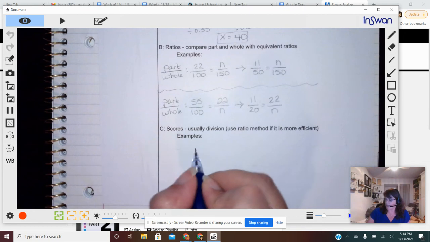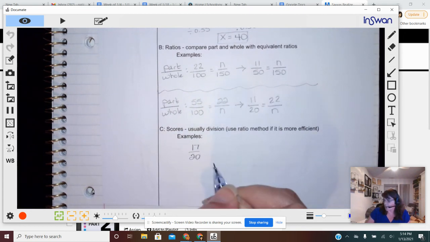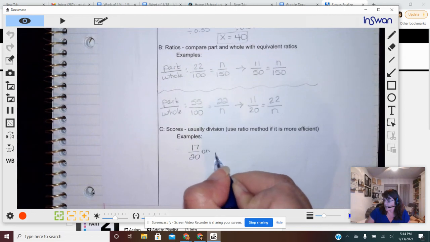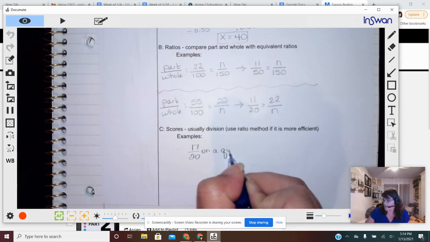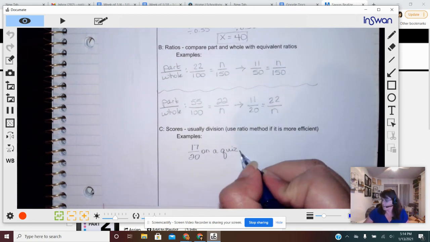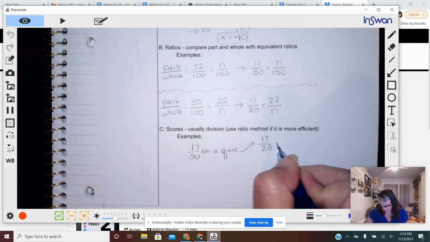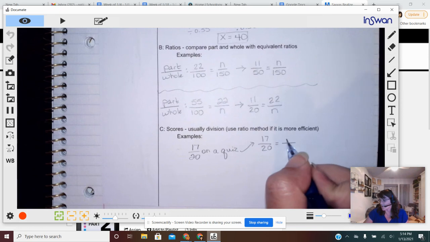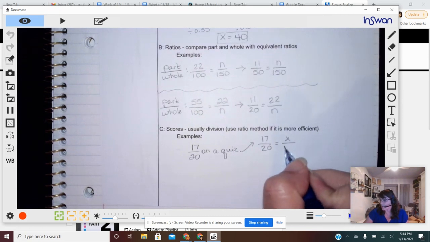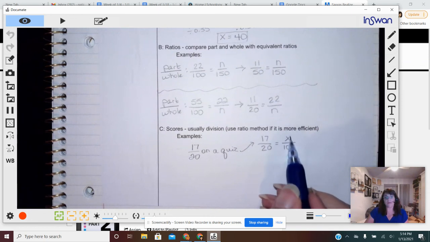So let's say I got 17 out of 20 on a quiz. There are two ways you could solve this. You could say 17 out of 20 is the same as whatever out of 100, and you would find that number up there would be your percent.